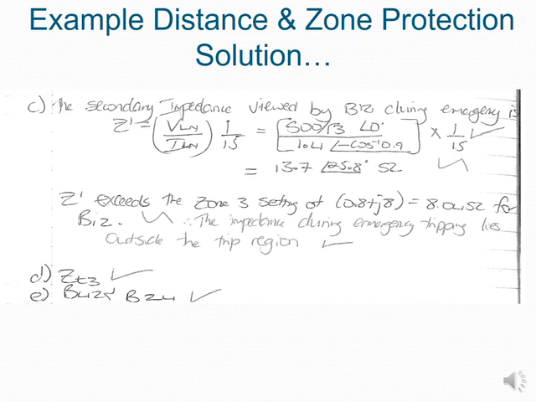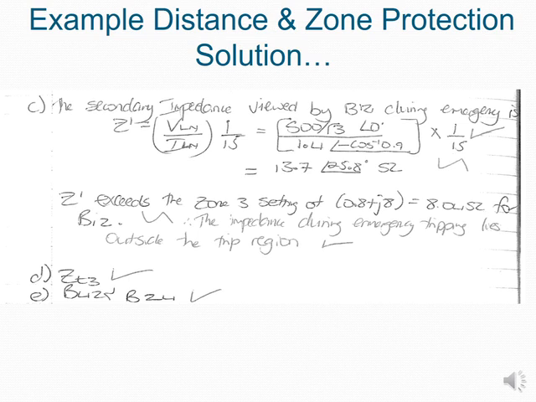Then we go to our number C, and number C was asking if we had to load our line 1, 2 under emergency conditions to be sitting with 1400 amps, what would happen? Would it trip out the circuit or not? So we first calculate the measured impedance.